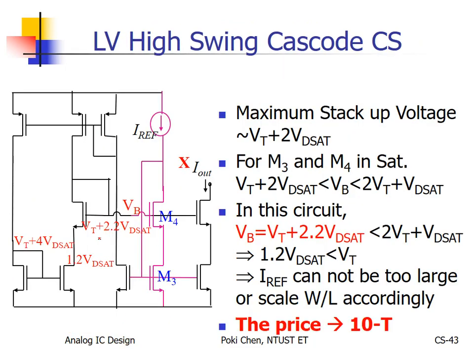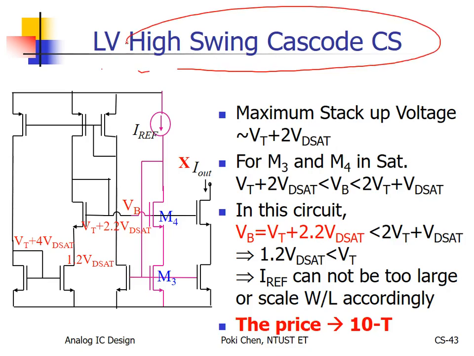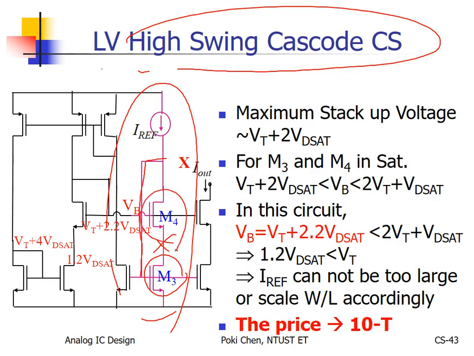So, with the help of the low voltage, high swing cascode current source, here we make it. Okay, that's it. Again, you can see the cascode bias is automatically generated by such a connection, not to its own drain, but to the drain of the cascoding transistor.